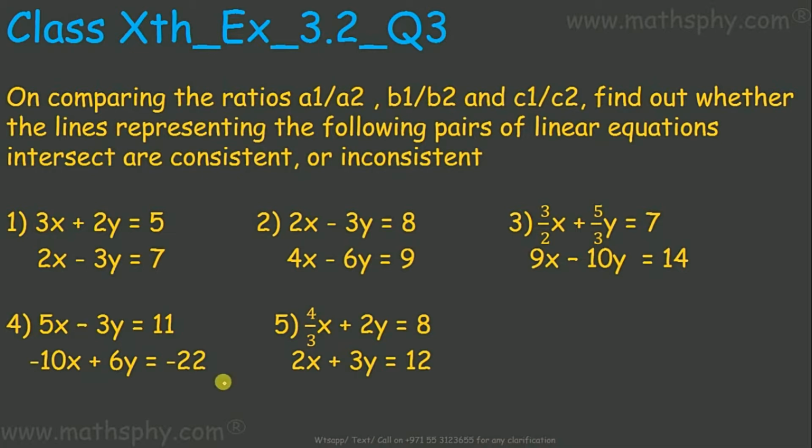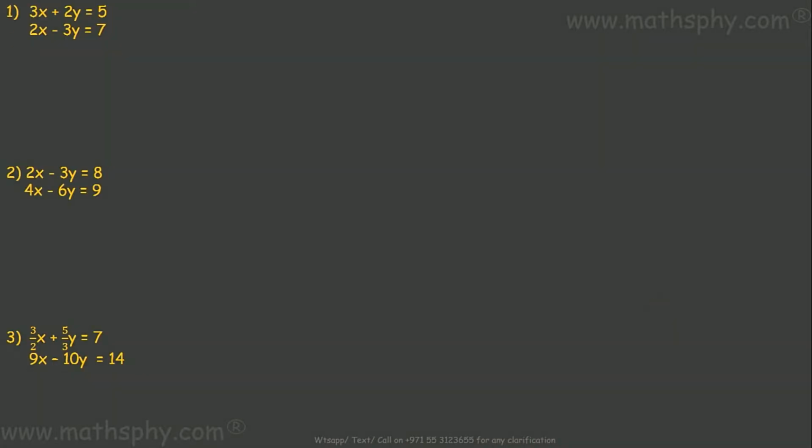That means whether these equations are consistent or inconsistent. There is only one case which makes the equations inconsistent, and that is parallel lines. If I get parallel lines, only then it is inconsistent. Otherwise, in the other two cases, intersecting or coincident, they will be consistent.